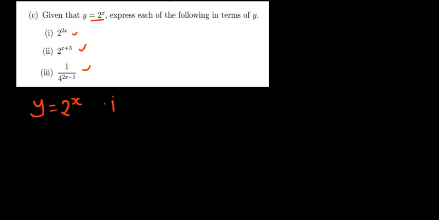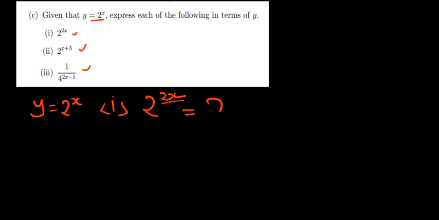So the first one will have 2 to the power 2x. What we want to do to this expression is make it a 2 to the power x. We can separate the powers, separating the 2 from the x.